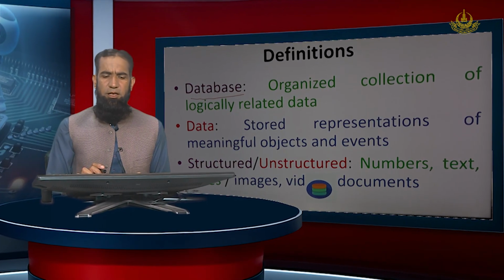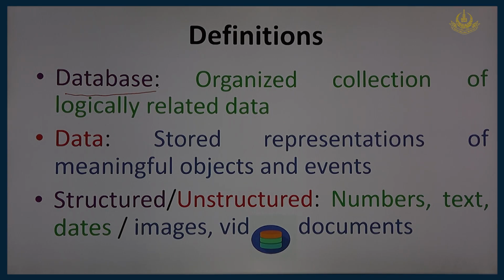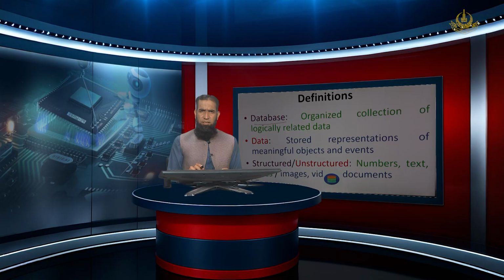Data is basically a stored representation of meaningful events, objects and elements. For example, student name is data, student age is data, student address is data. These are all relevant things towards the student.